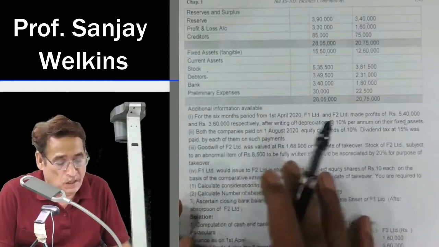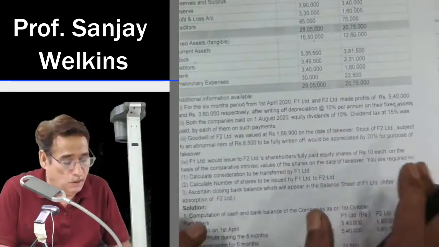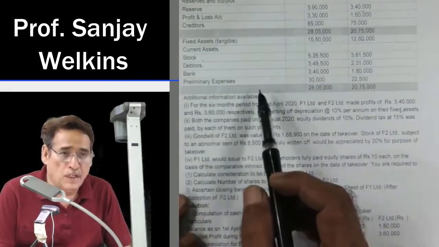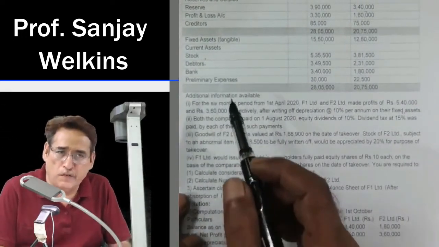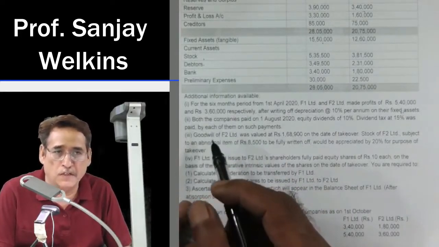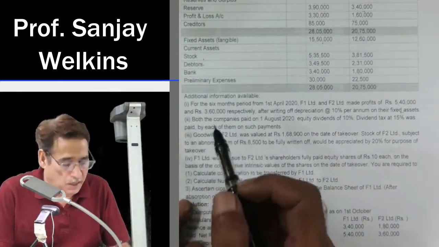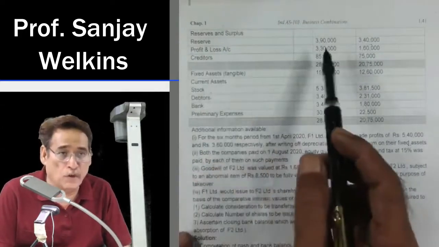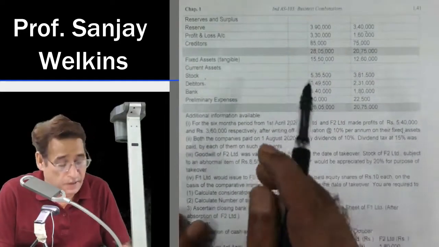Preliminary expenses is given in the balance sheet. It was given in the module, so I have also written it over here. Otherwise, nowadays, it is very difficult to find preliminary expenses in the balance sheet because the existing accounting standard AS 26 very clearly states that preliminary expenses, as far as possible, should be written off against your existing profit or loss account, reserves, or whatever it is.